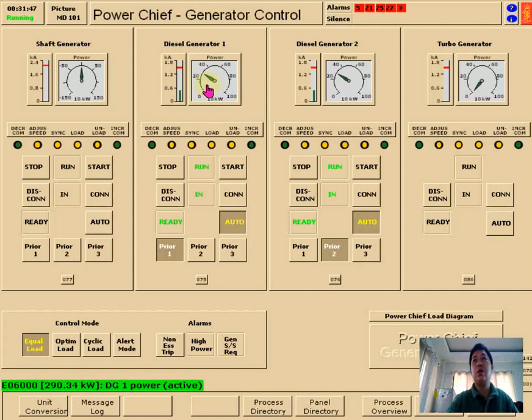The load sharing is automatically equal. If we also put number 2 in priority 1, and number 1 to priority 2, so priority 1 and priority 2.